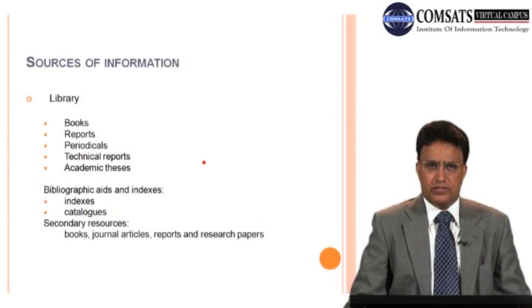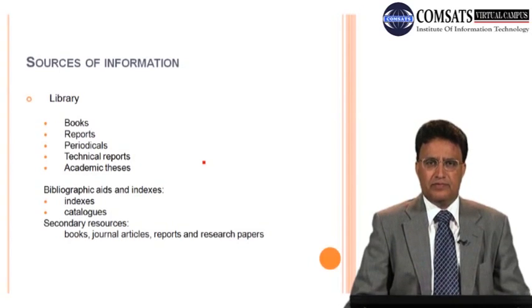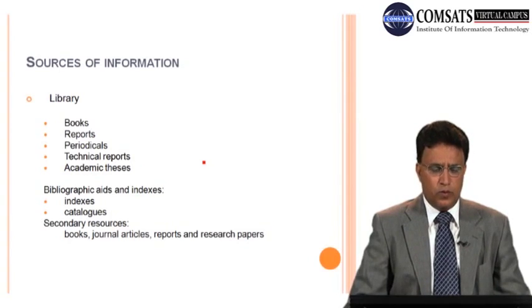There are a number of books on different subjects in different sections on different floors. As a researcher, how will you reach the book or the article you need for your research? Libraries facilitate researchers in a number of ways, and those ways consist of bibliographic aids and indexes.